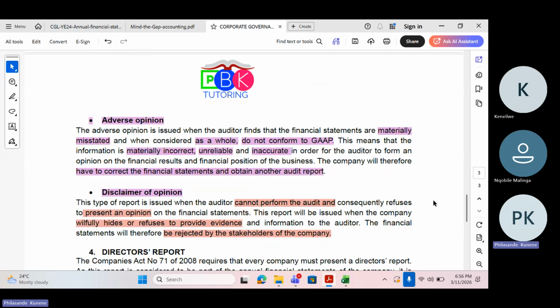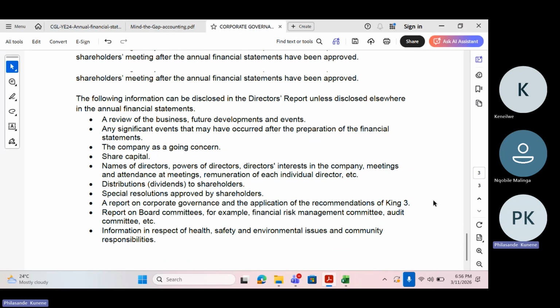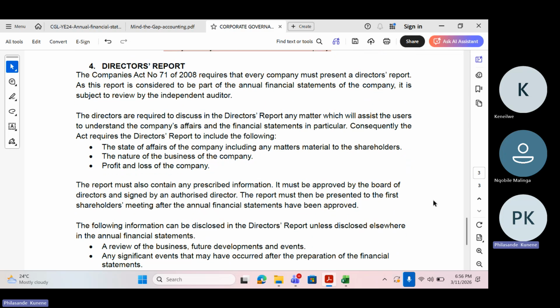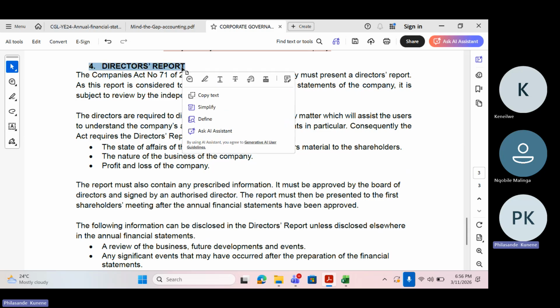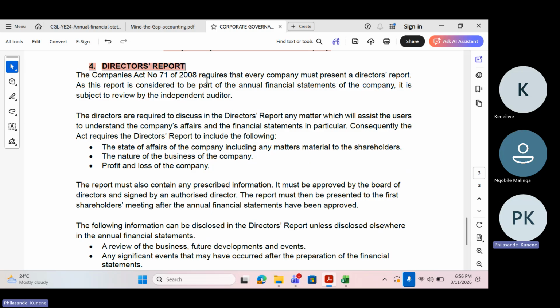Okay, let's get on here, guys. I want us to go to a director's report and go through it. The director's report is not a big issue. The directors are just providing us an idea of how they performed during the year.